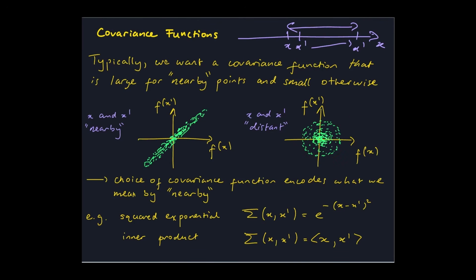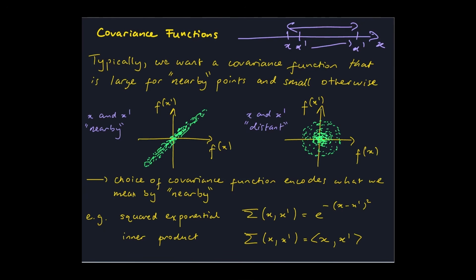If it's a Gaussian process with this kind of covariance structure, which is usually what you have. And basically, it's the choice of what we call the covariance function that actually encodes what we mean by nearby. And for different choices of covariance function, that could mean something else.